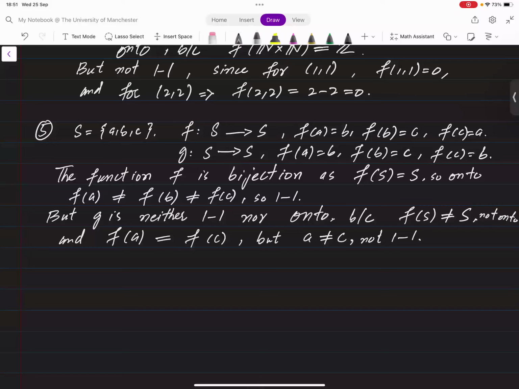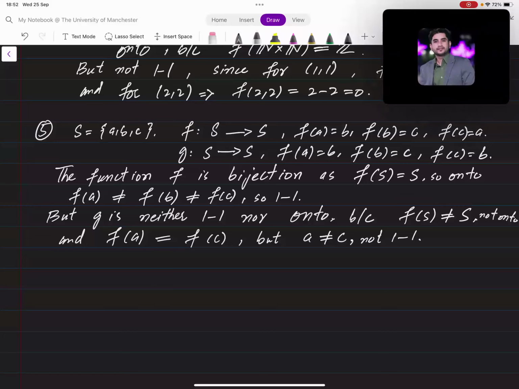Okay, perfect. And the identity function is again a bijection. Okay. I'll end it here, and then we will discuss some other properties of the functions in the next one.